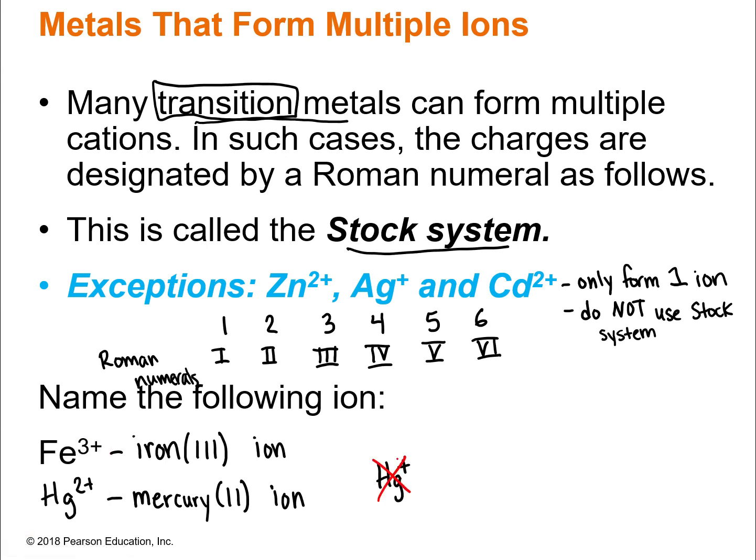Mercury has some issues. It likes to be partnered up all the time. So this is the mercury 1 ion.